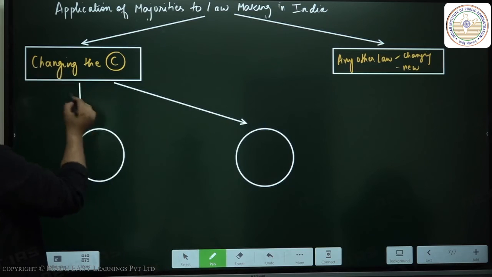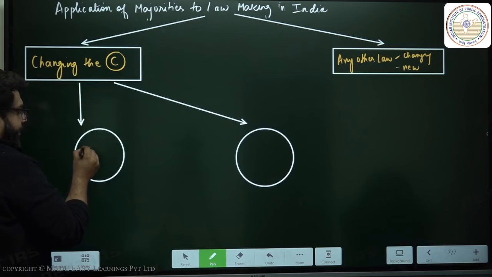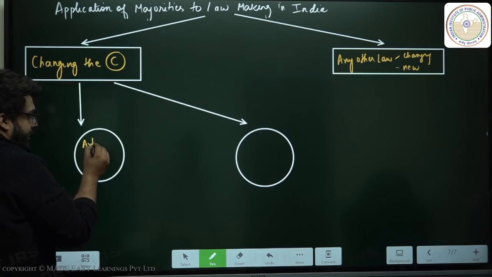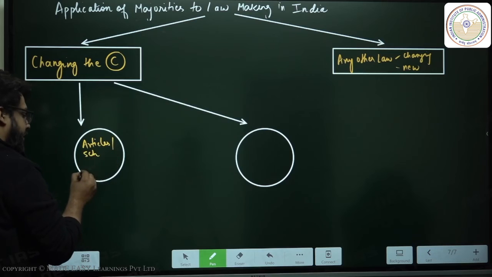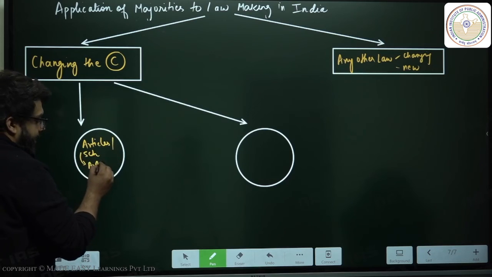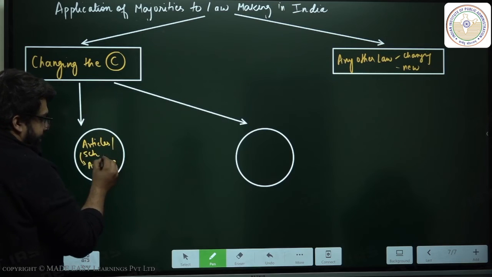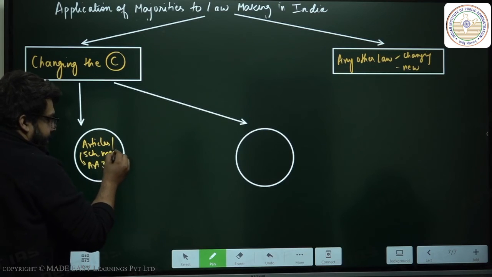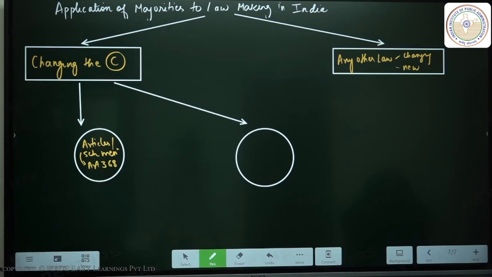Now, क्या मतलब हुआ इसका? That these are amendments to those articles or schedules of the constitution which are mentioned in Article 368.